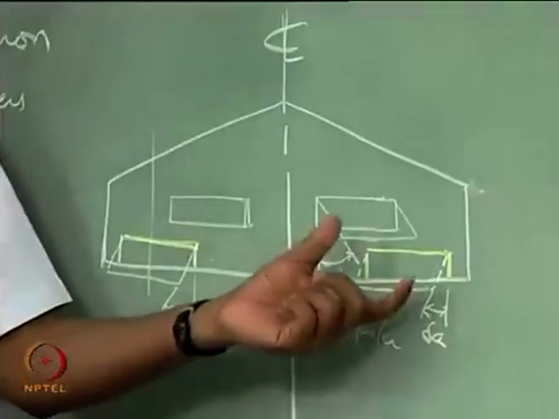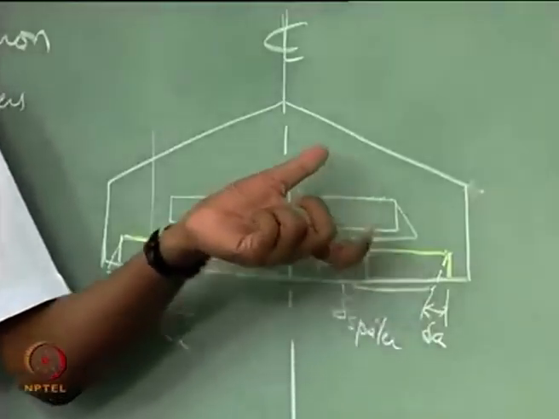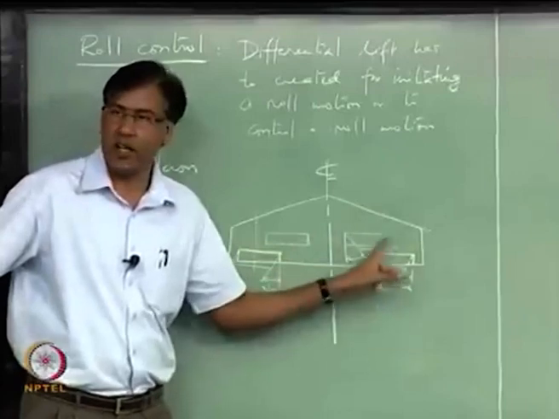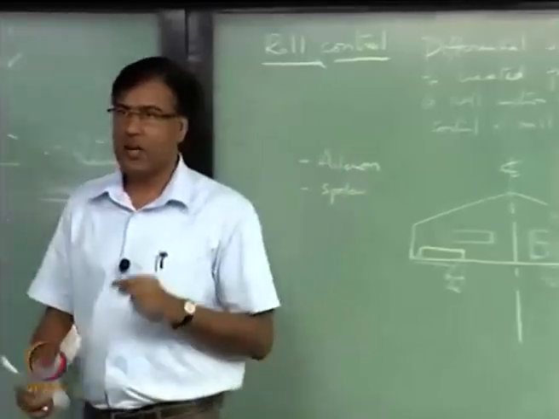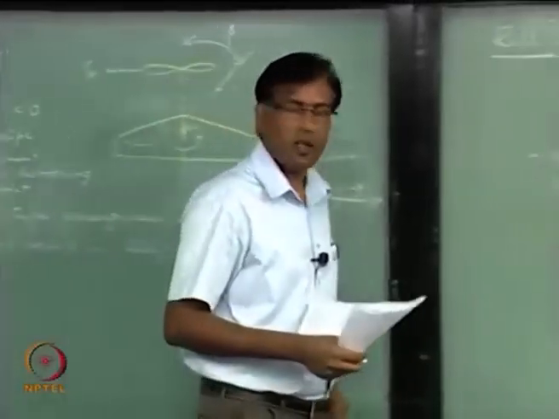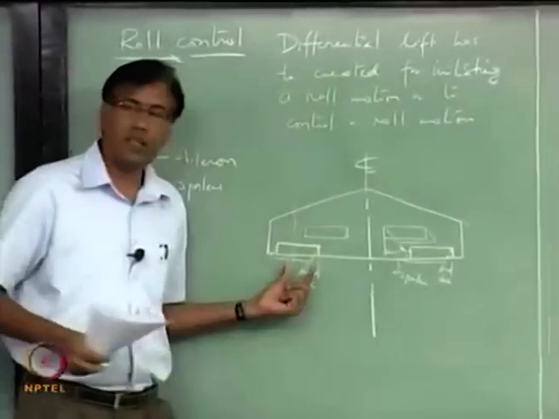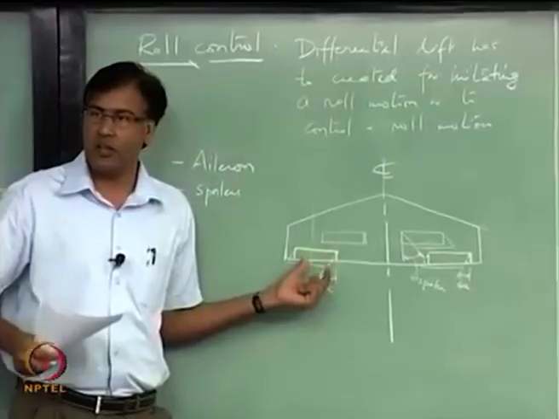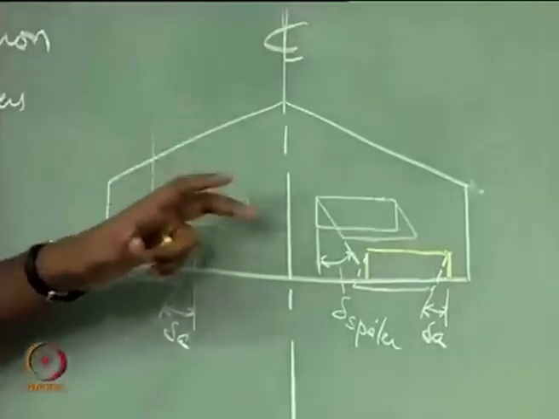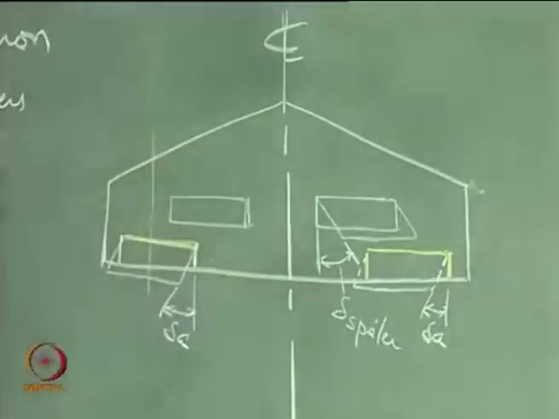So, this one is going to give you a positive change in angle of attack at these sections on the wing, so correspondingly an increase in the lift, and this up deflection is going to decrease the lift. And what is the sign of the rolling moment because of this?